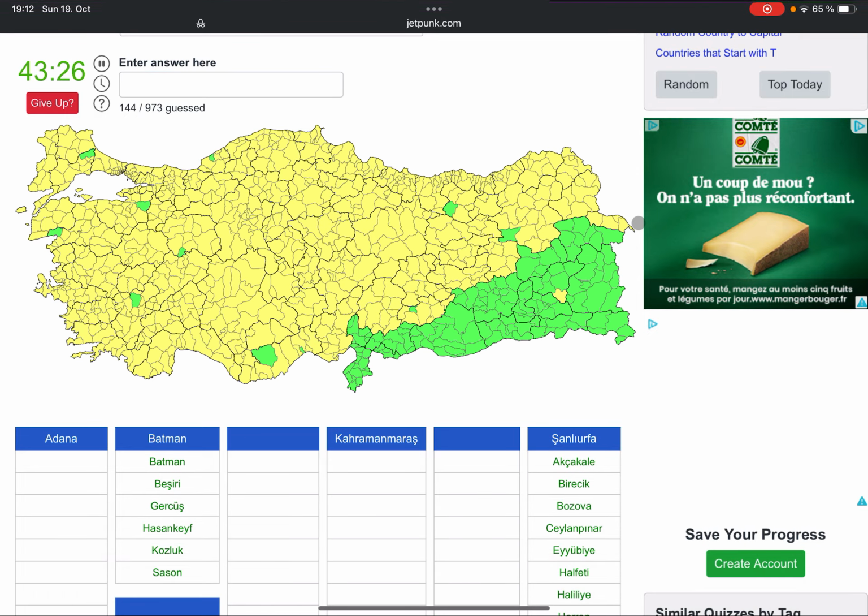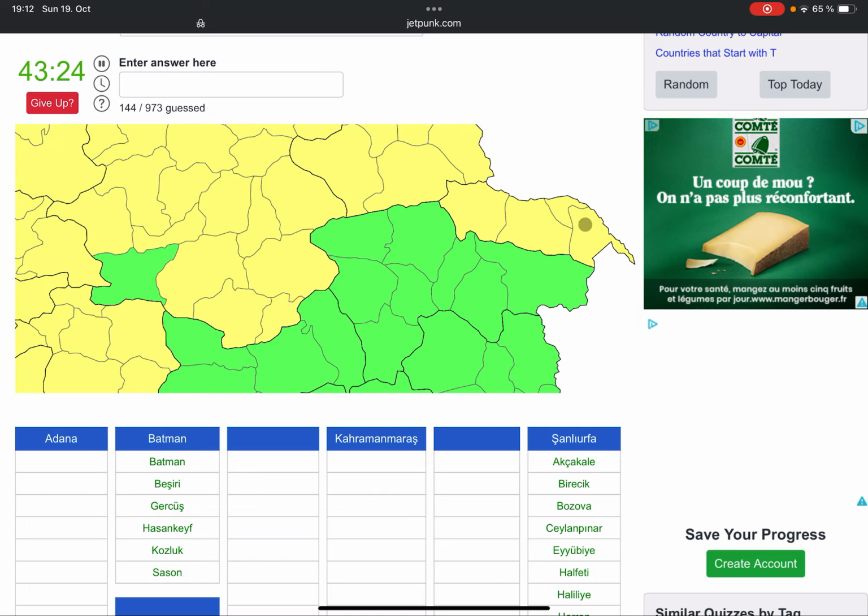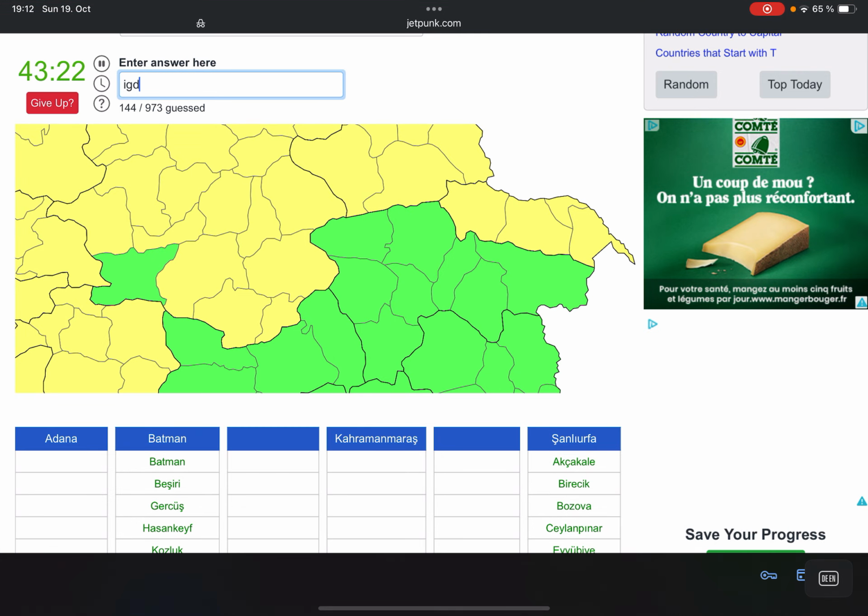All right. Let's go over here to the small province of Iğdır. There we also have the fascinating name of Aralık, which means December in Turkish. Then we have Karakoyunlu, I think. Yes, Karakoyunlu and Tuzluca.